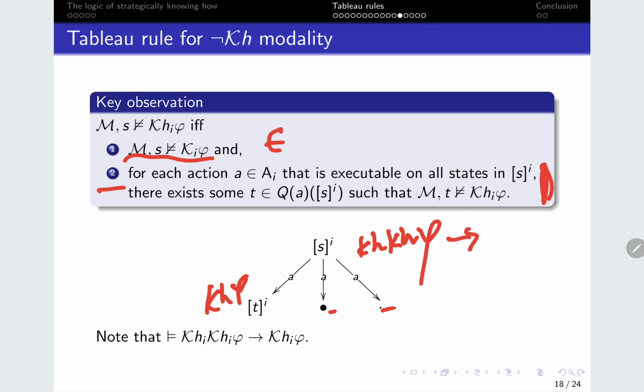So this means if know-how phi is not true on S, then know-how phi is also not true on S. So that means for each action A, if A is executable in all states in the belief state of S, then there must exist a successor T such that know-how phi is not true on T. So to guarantee know-how phi is not true on the state S, we only need to guarantee these two conditions.